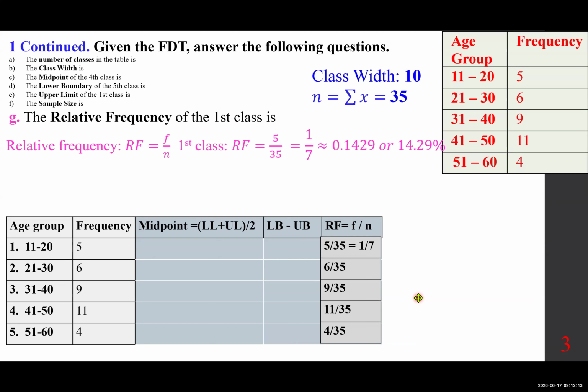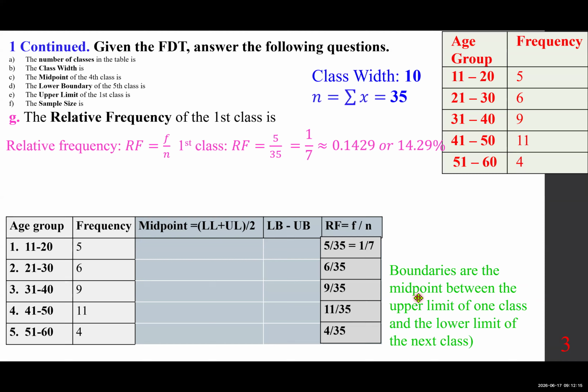Now, reminding you what we discussed as far as the boundaries. Boundaries are the midpoint between the upper limit of one class and the lower limit of the next class. So those are the midpoints.